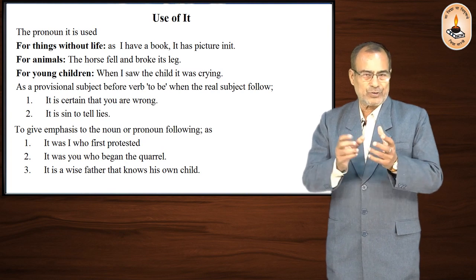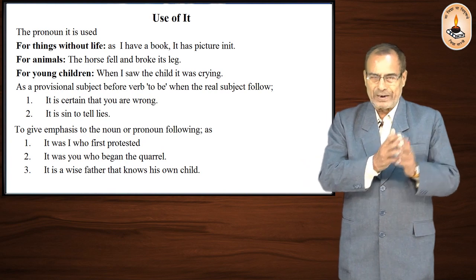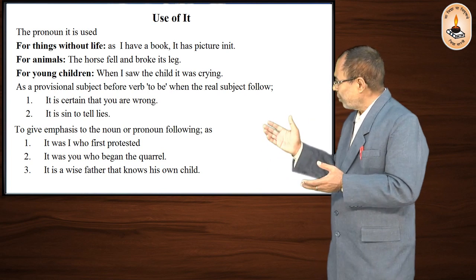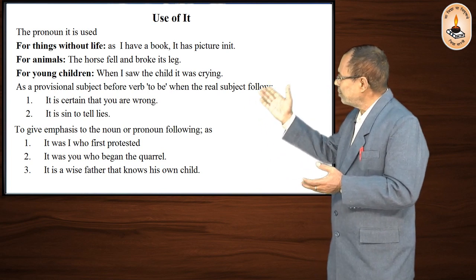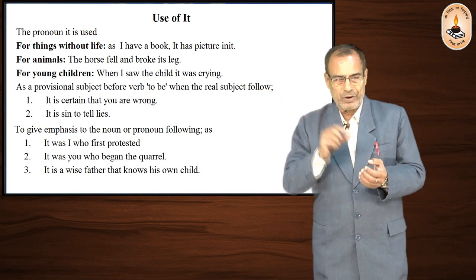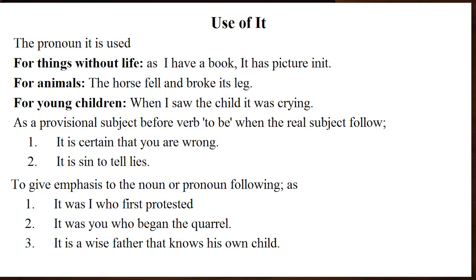In the sentences which are made by infinitives, we use introductory it. In this sentence also, it is sin to tell lies. It has been used as introductory. Next, it also gives emphasis to a noun or the pronoun that follows in some sentences.